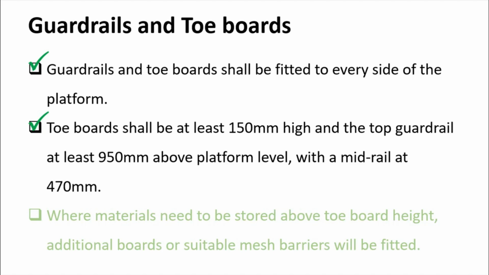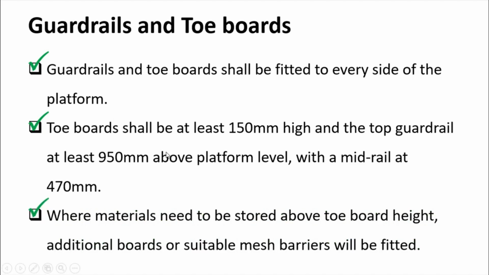falling objects. Toe boards shall be at least 150 mm height and the top rail at least 950 mm above platform level, with a mid rail at 470 mm.